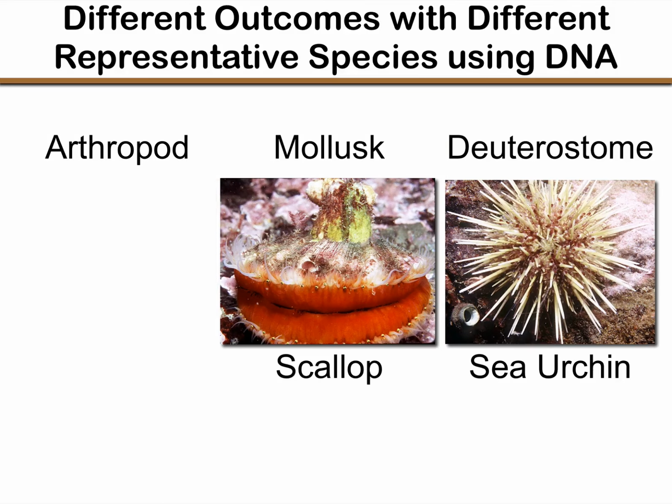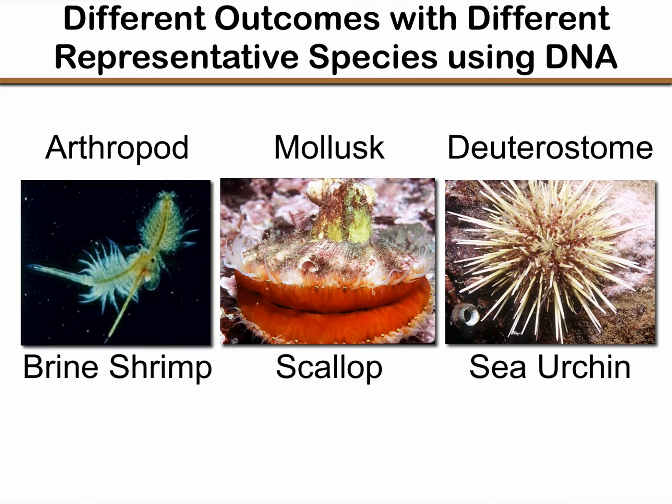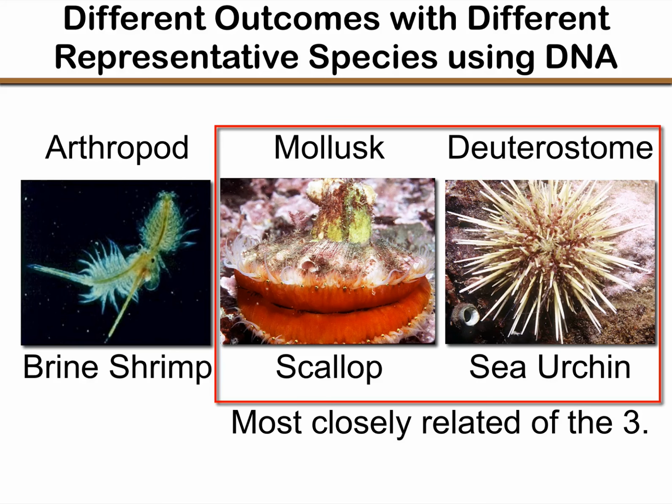However, if your chosen species of arthropod is a brine shrimp, you end up with a totally different conclusion based upon DNA analysis, because now what you would find is that the mollusks and the deuterostomes are more closely related to one another than either of them is to the arthropod, using the brine shrimp as an arthropod representative.